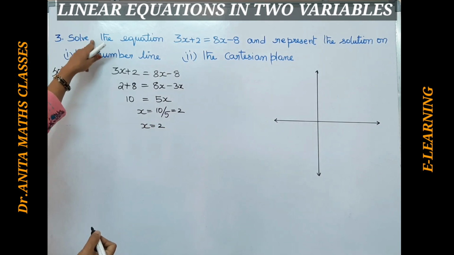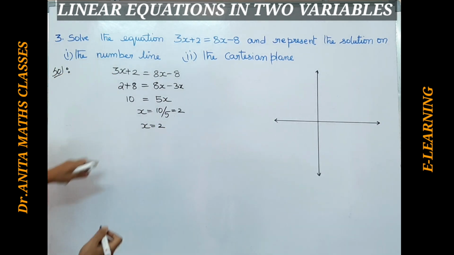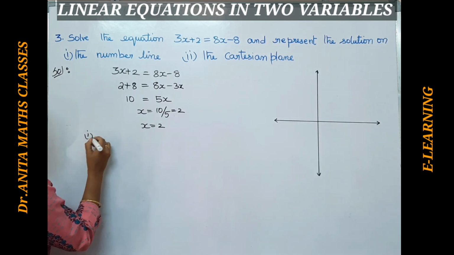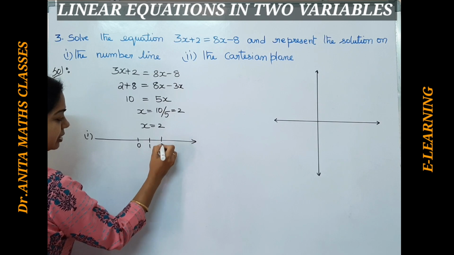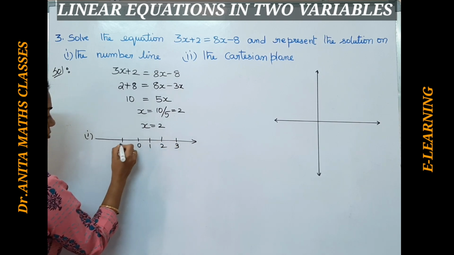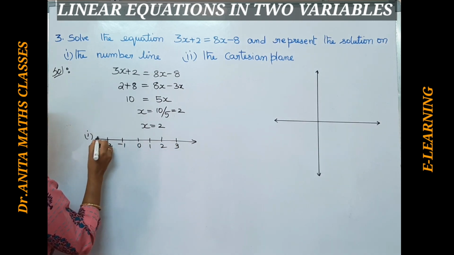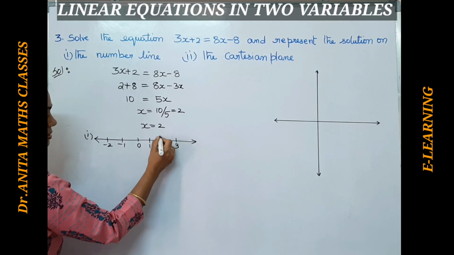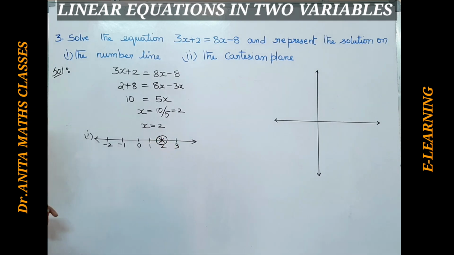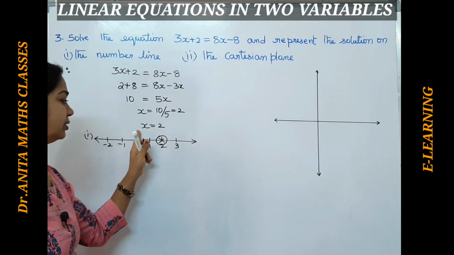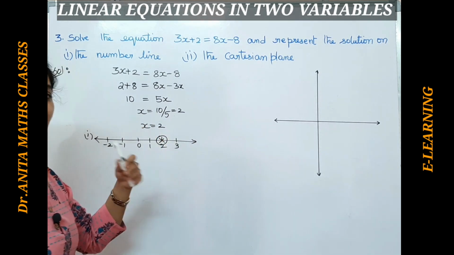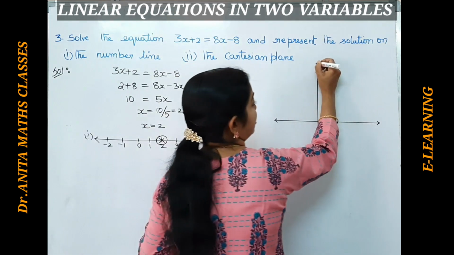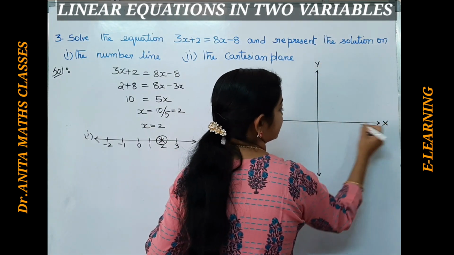So first we have found the solution, and now we have to represent it on the number line. So 0, 1, 2, 3, and minus 1, minus 2, and so on. On the number line, x is positive 2. This is the representation. Now let's draw it on the Cartesian plane. So x equal to 2 is a line parallel to the y-axis. This is y, this is x.